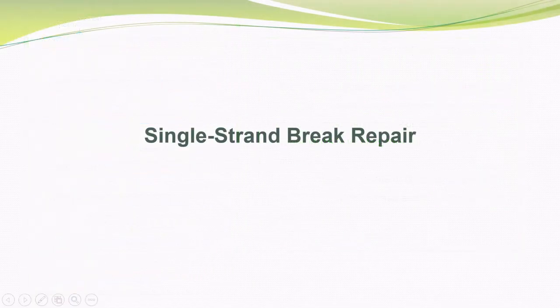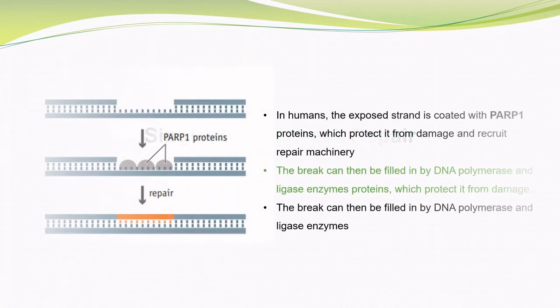We have discussed the repair of a dimer, a mismatch, and an alkylated base. Let us see how cells repair single strand and double strand breaks. First, let us see how cells repair single strand breaks. This mechanism has been studied in human cells.